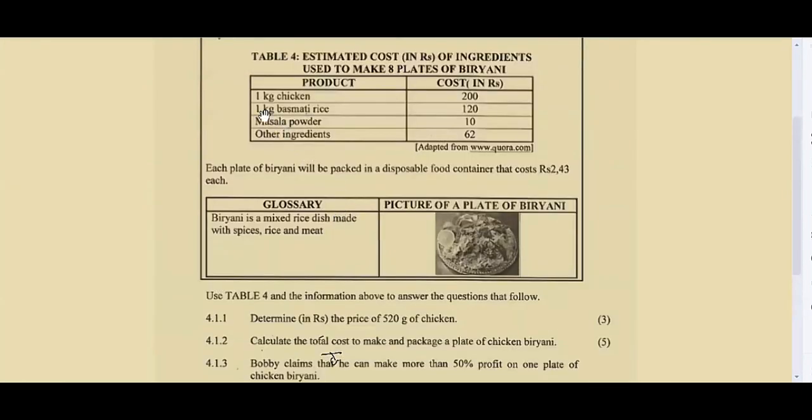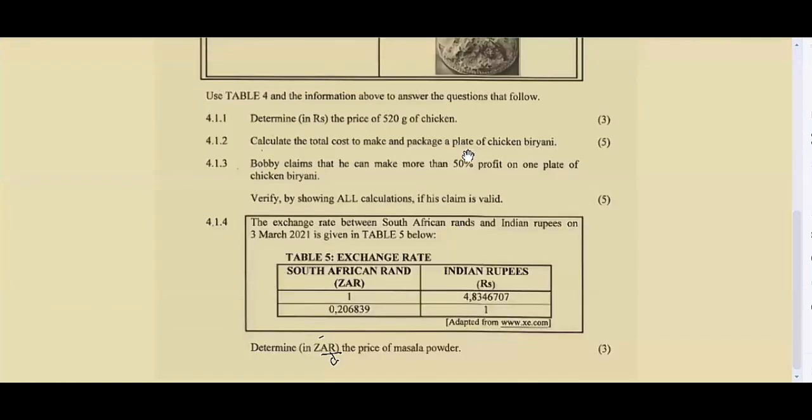So what is the cost of masala powder? It is 10 rupees, right? Then this is how we're going to go about it, because we want the price in South African rands. We're going to say 1 rupee is equivalent to 0.206839 rand.